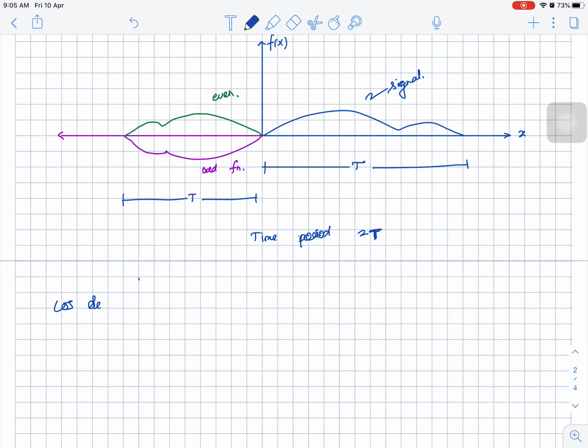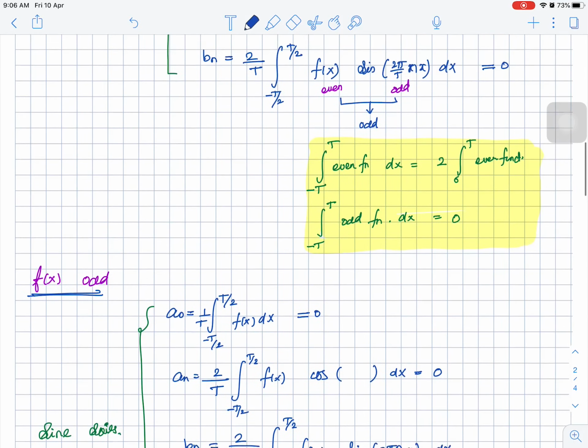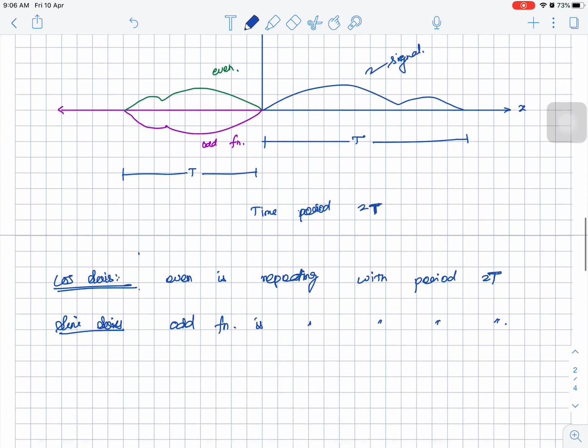If you want to represent this in a cosine series, then the even function is repeating with the period 2T. If you want to use a sine series, then the odd function is repeating with the period 2T. Depending upon the application, whichever makes more sense will be used. Now you can substitute this in the above for the sine series and cosine series, and you will get the simplified Fourier series.